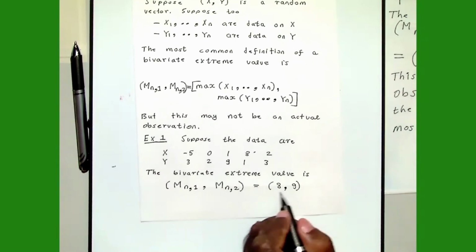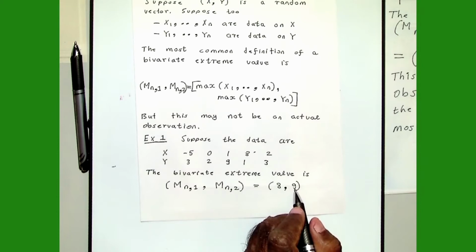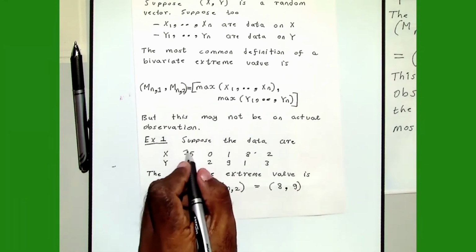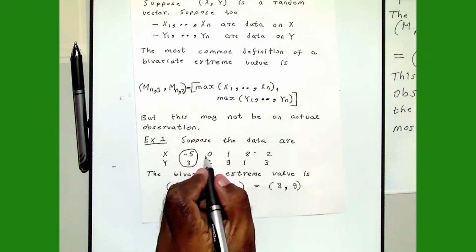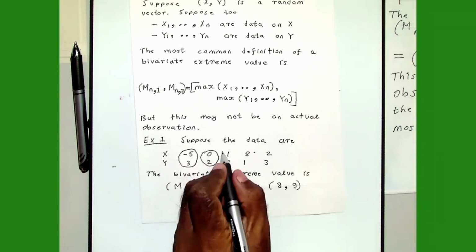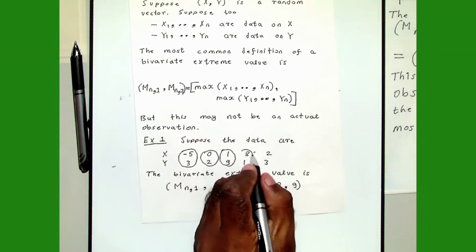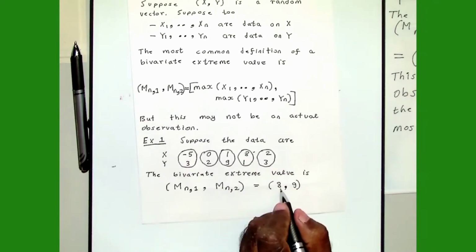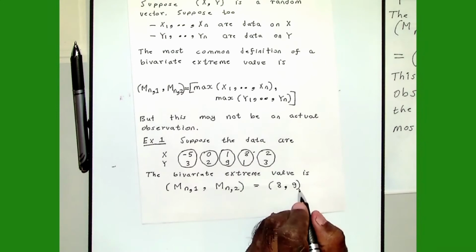But this observation 8, 9 is not an actual observation, because the observations that you have on x and y are -5, 3, 0, 2, 1, 9, 8, 1, and 2, 3. There is no data where 8 and 9 are together.